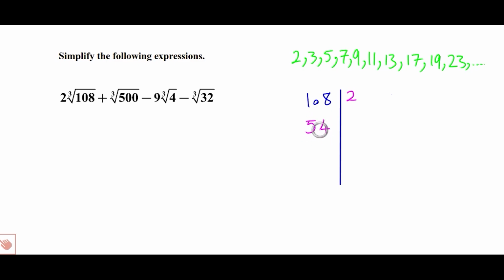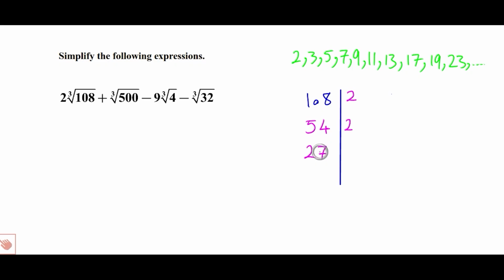Is this number divisible by 2? Yes. So I'll put 2 on the right side of the vertical line. Now we divide 54 by 2, which is equal to 27, and write the result on the left side of the vertical line. Now, is 27 divisible by 2?